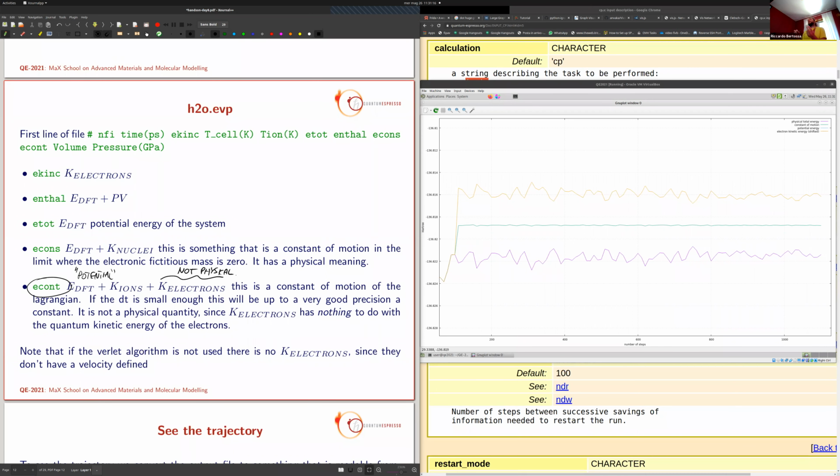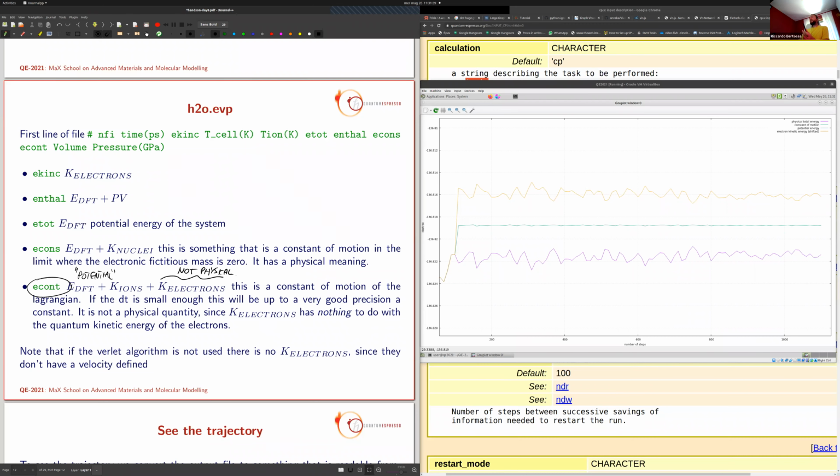Because it is only an energy that arises from the way that you are using to minimize, let's say minimize, but it's not a true minimization, as you saw before. It is a kinetic energy that arises from the way that you compute the forces at the end of the day. So it is not related to a physical quantity.